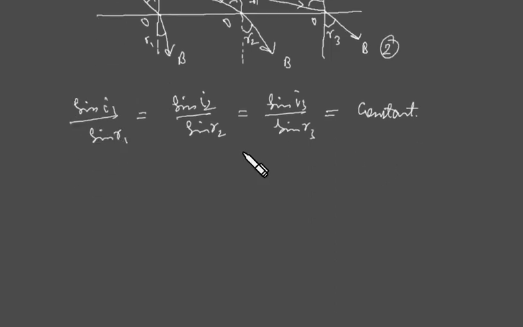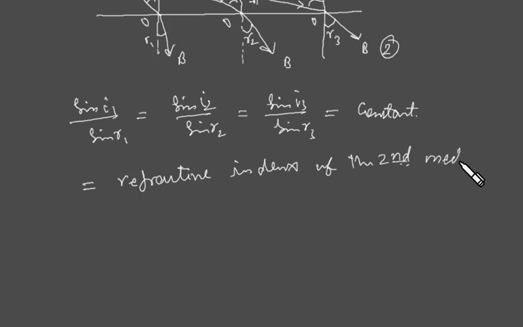Alright, and this constant is actually called the refractive index of the second medium with respect to the first medium.